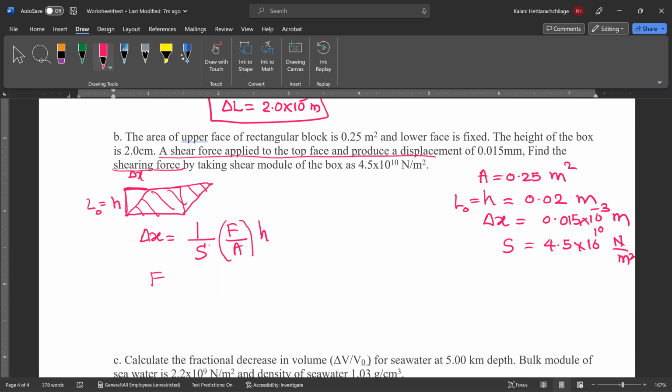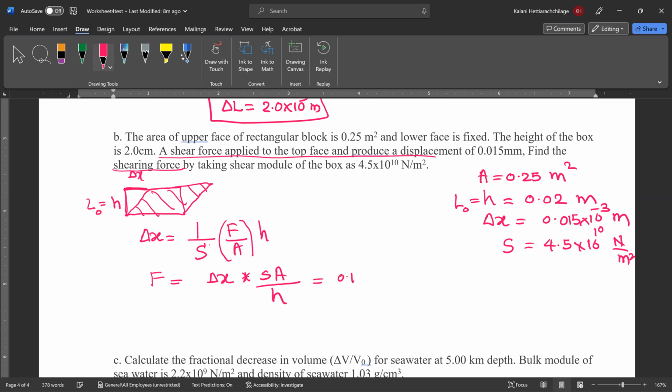So the shearing force will be equal to, solving it for the force first, delta X times S and A, and divide by H, right? So now we can plug in the values.